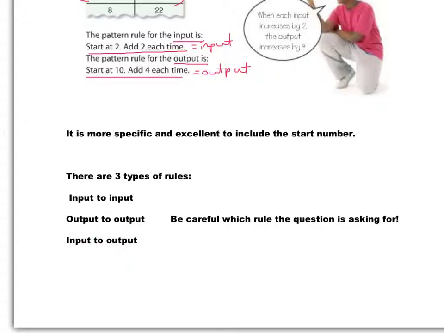You have to read really carefully, seek to understand, and be very careful which rule the question is asking for. Is it asking for the input to input rule? The output to output rule? The input to output rule? So read very carefully and seek to understand.